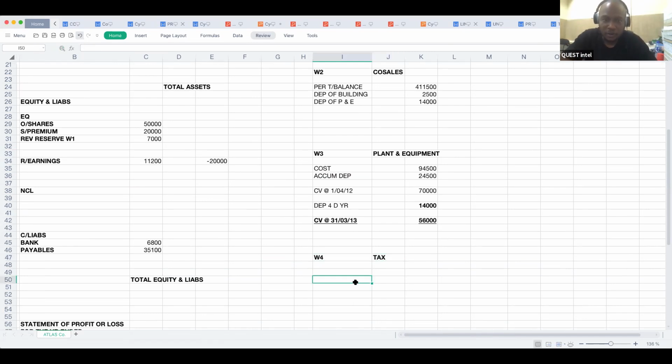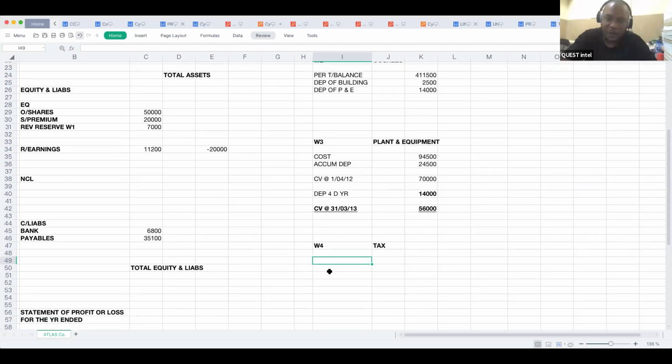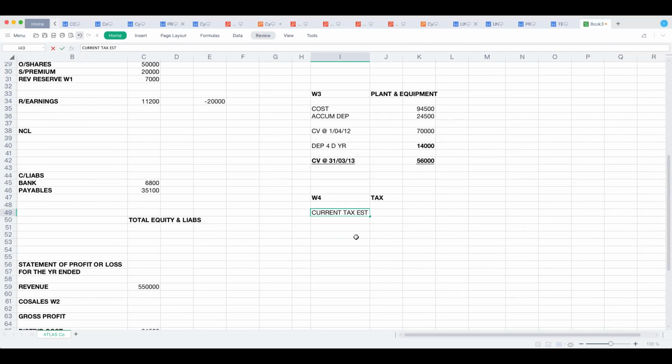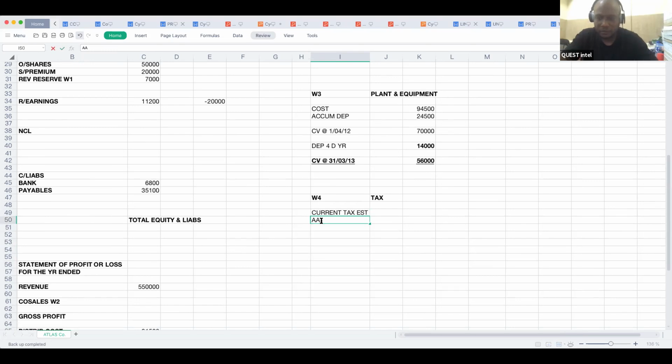So tax: we have the current tax and the deferred tax. The way I start this is to have my current tax estimate, CTE, since we are doing it the first time. Then we add or less under or over provision.